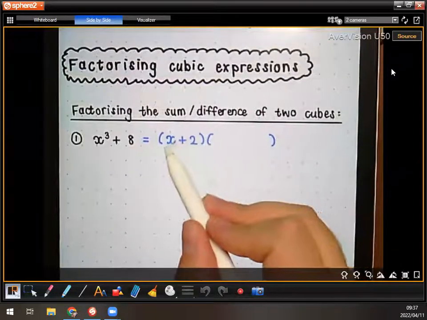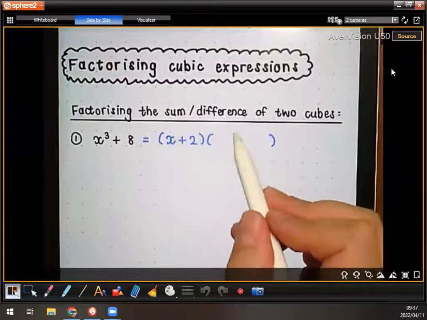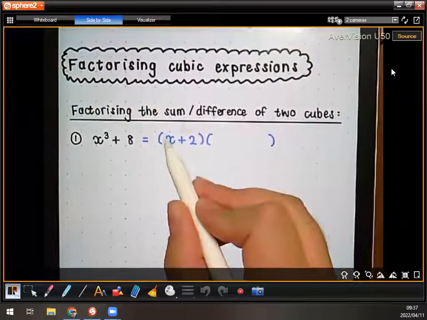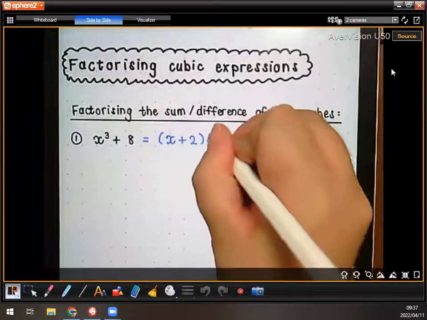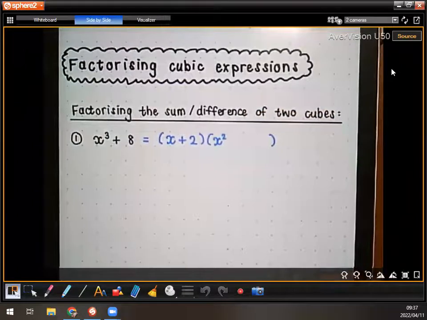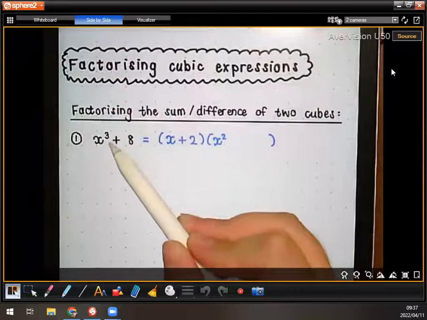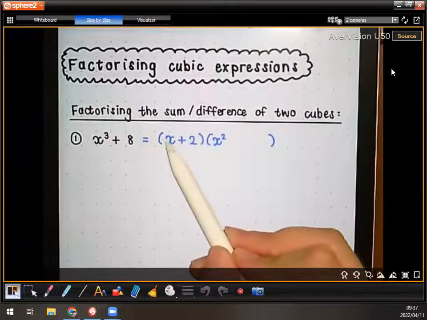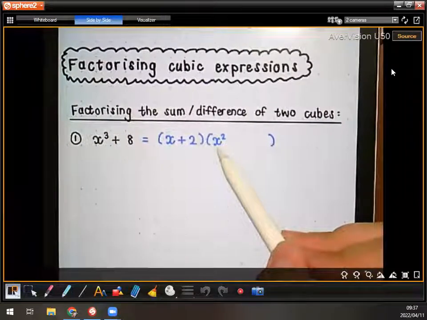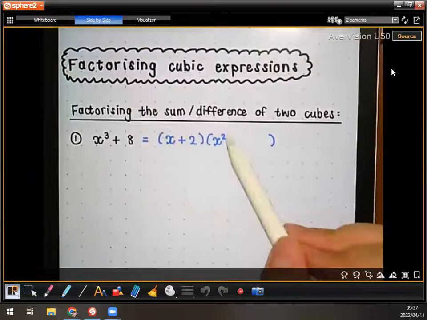Then you use your binomial bracket to set up the trinomial. Firstly, you take x and square it. That's x squared. And that should make sense, right? Because if we were to multiply these brackets out, I would get the same thing here. So what must you multiply x by to get x cubed? x squared. That's where that comes from.